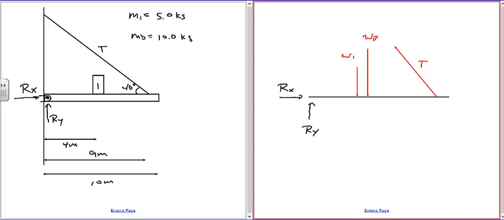So now we need some dimensions. We need dimensions, and we need to figure out where we're going to take the torques around. So we're going to take the distance from the wall to mass 1. We're going to take the distance from the wall to the middle of the beam. Take the distance from the wall to where the wire is. So if we go back and look at this, you can see this is 4 meters. This is 9 meters from the wall to the location.